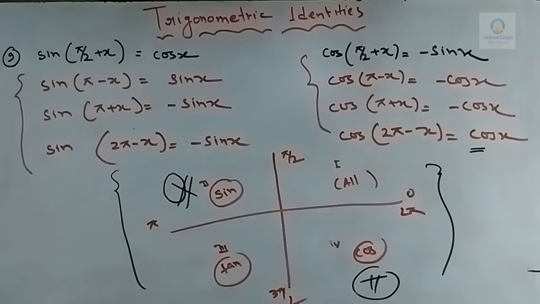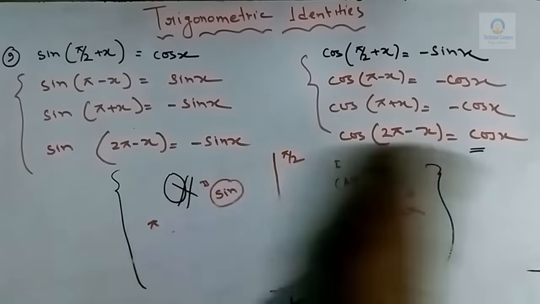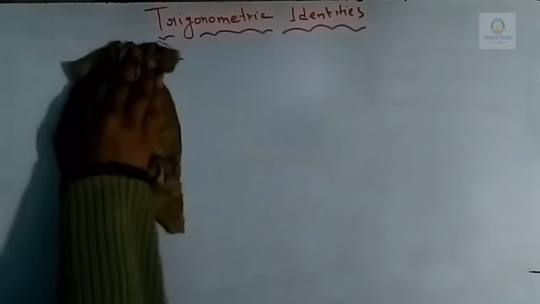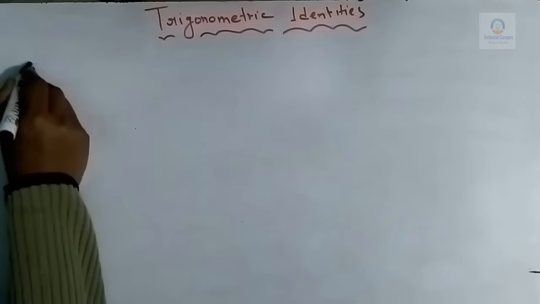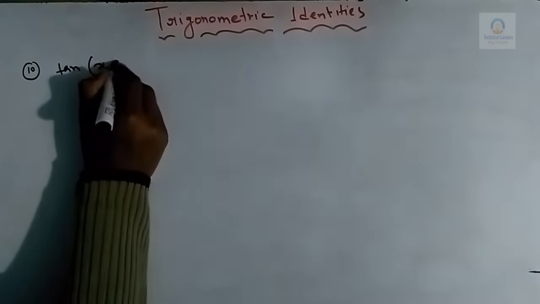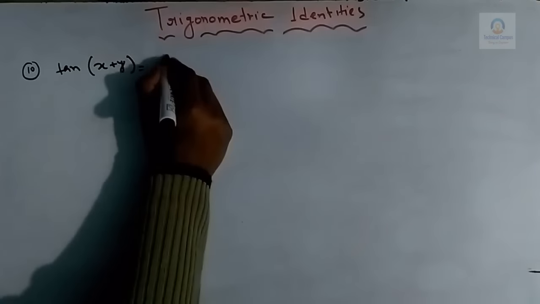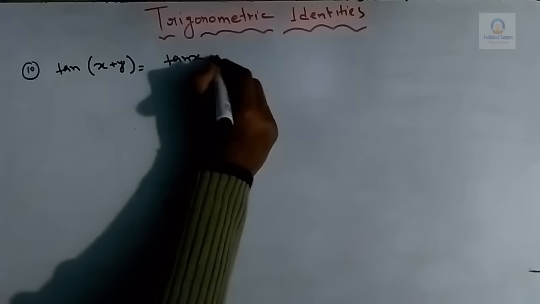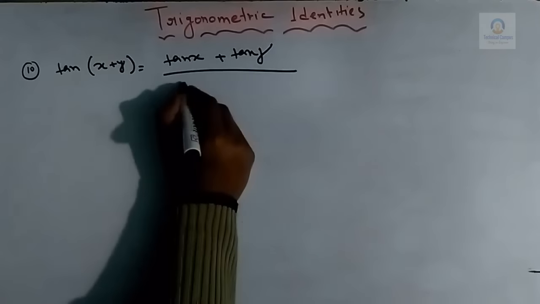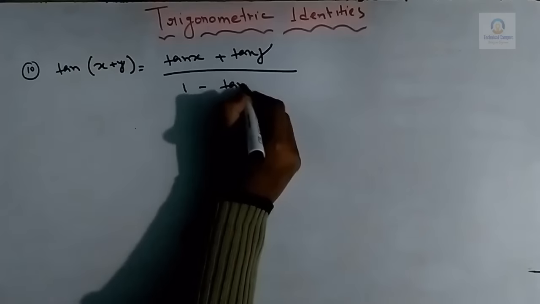So let us learn some more formulas of trigonometry. Okay, so number 10 is tan of x plus y is equal to tan x plus tan y divided by 1 minus tan x tan y.